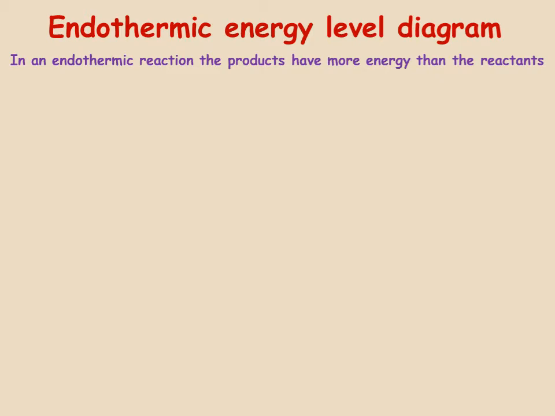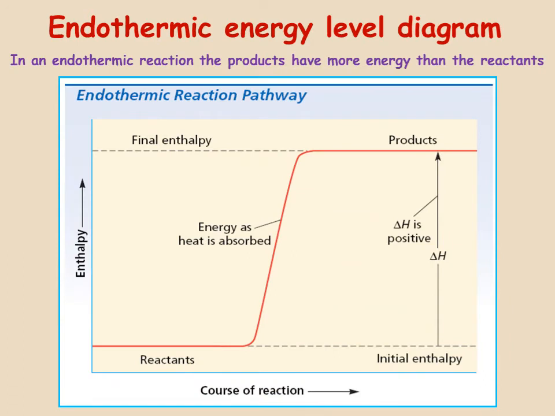Let's look at the diagram. Yes, this is the endothermic energy level diagram. As I have already mentioned, the products are above the reactants and delta H is positive because the arrow is denoted upwards.